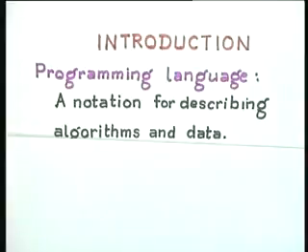So in general, we could consider a programming language to give you a means of representing algorithms and data structures. And when you have a representation of algorithms and data structures, presumably you are able to perform your manipulations.